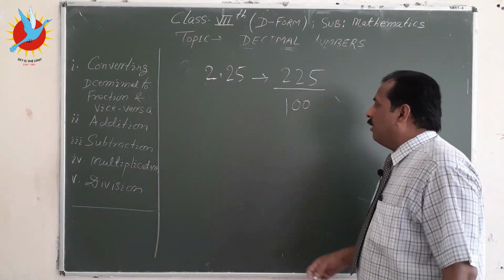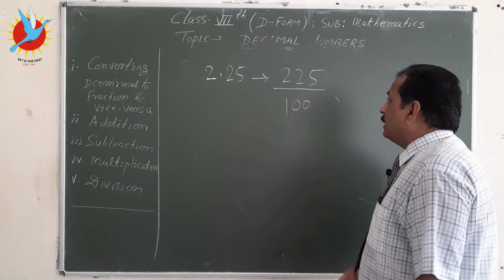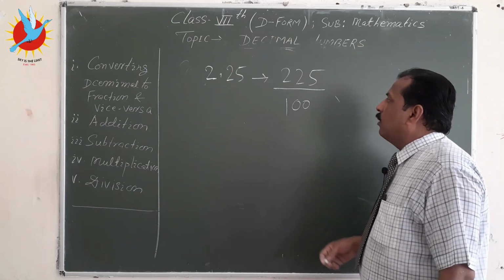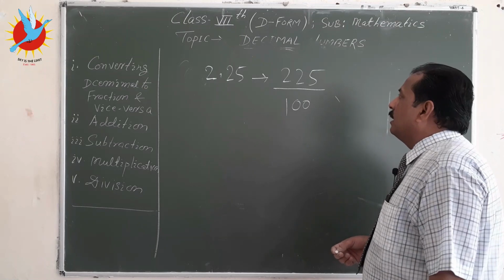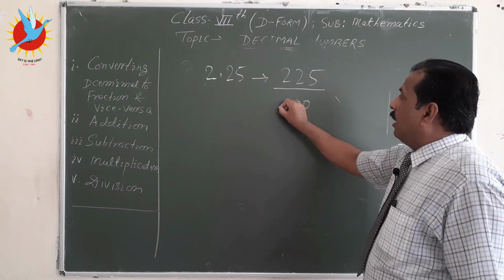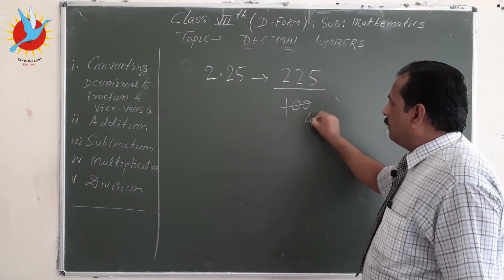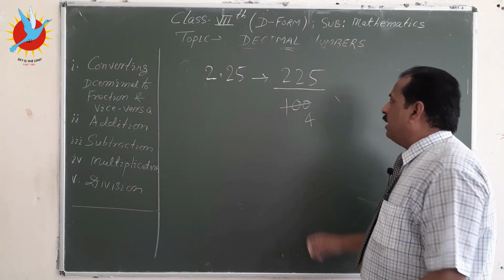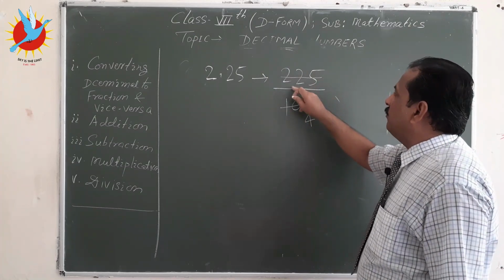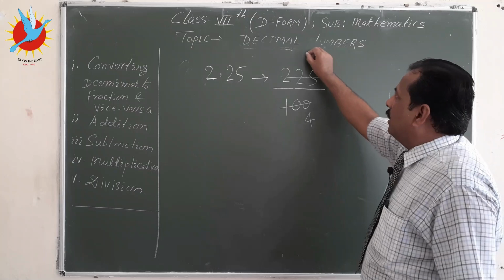Now this is a fraction. This is not in the simplest form, so we can reduce it. So how to reduce it? I am cutting it by 25. 25 fours are 100 and 25 nines.